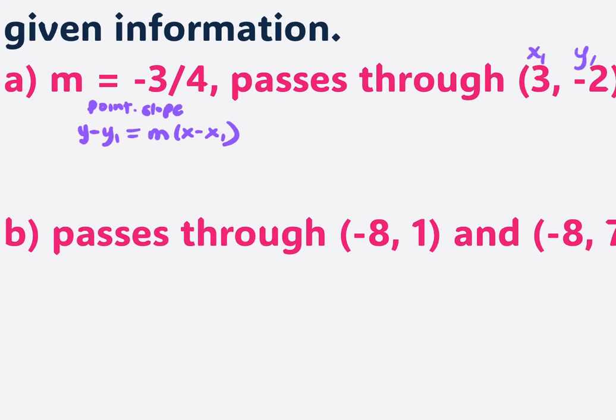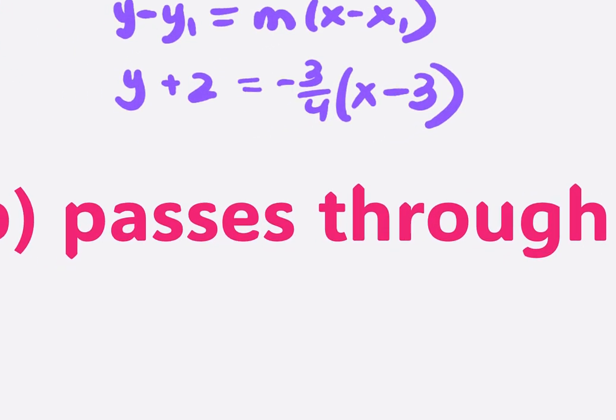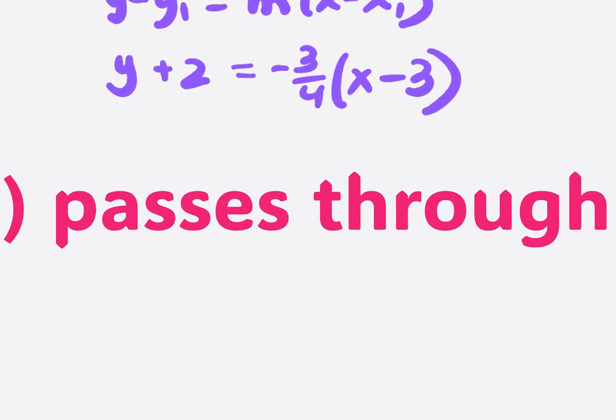And I'd get y minus a negative 2, which becomes plus 2, equals negative 3/4 times x minus 3. So I plugged in the point and I plugged in the slope, and now I want to solve for y. I'd get y plus 2 equals, distribute here, negative 3/4 x plus 9/4.